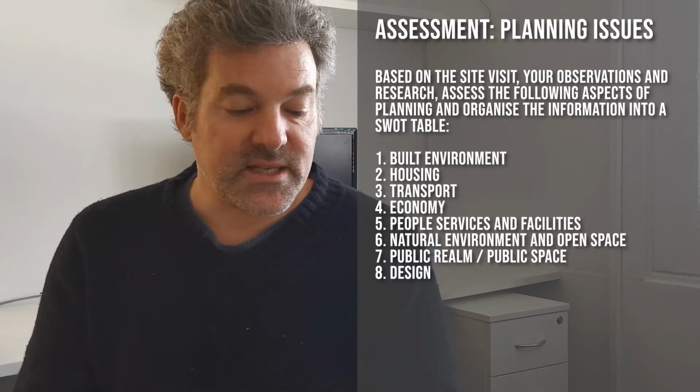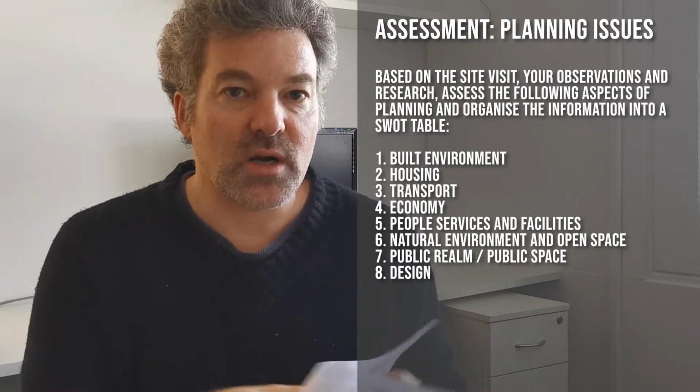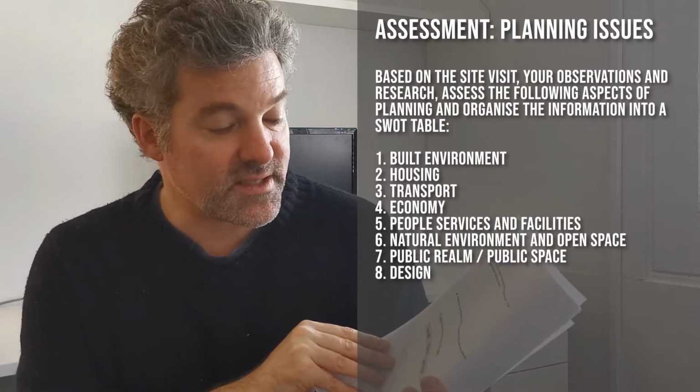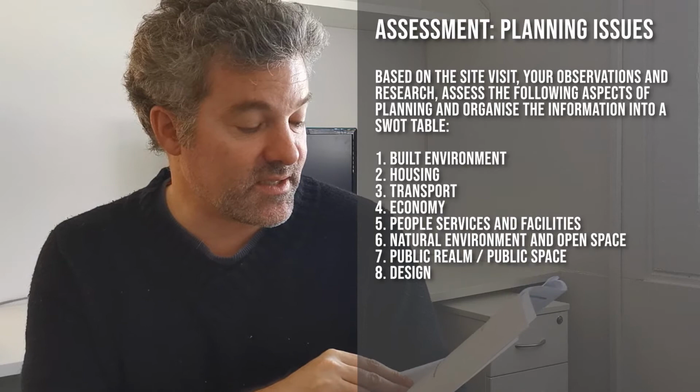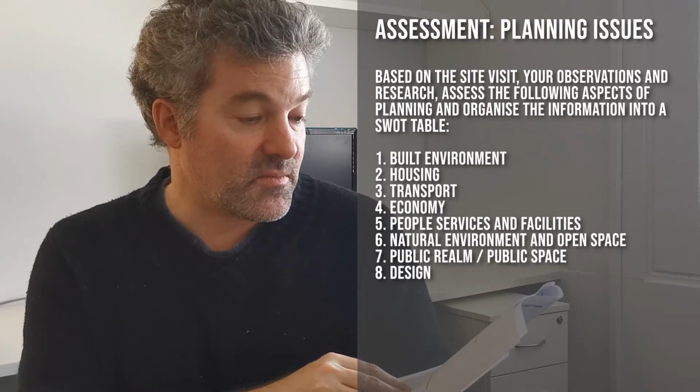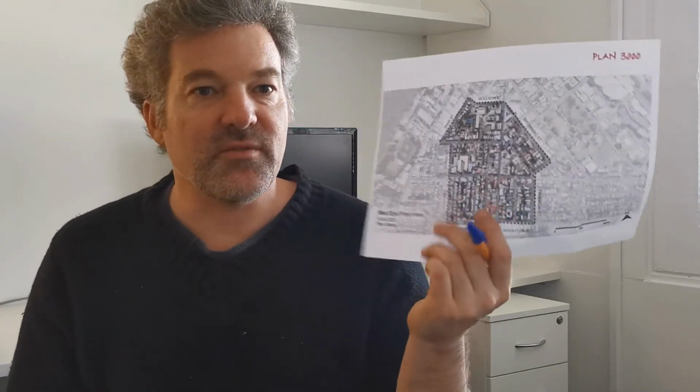This information can then be organized into a SWOT. I'm sure you've done this exercise before, but it's basically stating if some of this data is a strength, a weakness, an opportunity, or a threat. So you also have to consider a bit what's happening outside the area. If, for example, you've got a new train station or new infrastructure outside the area, it might be an opportunity.